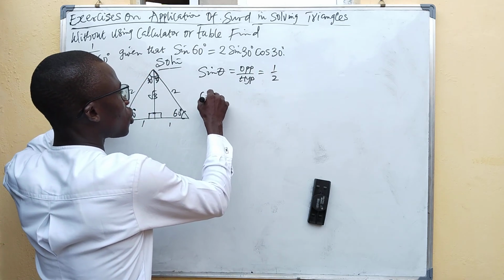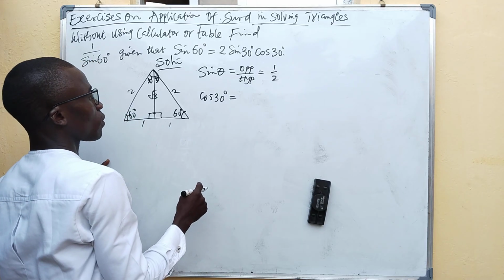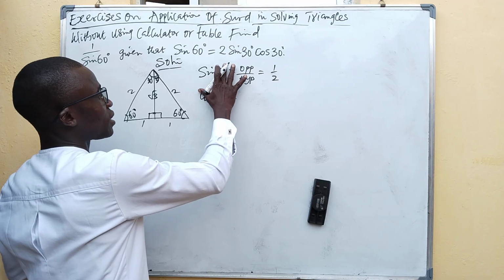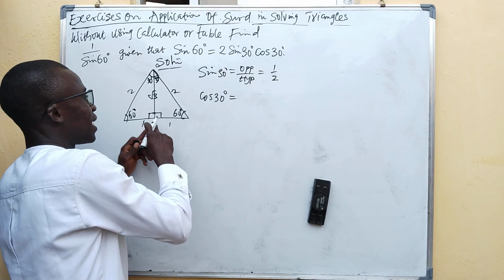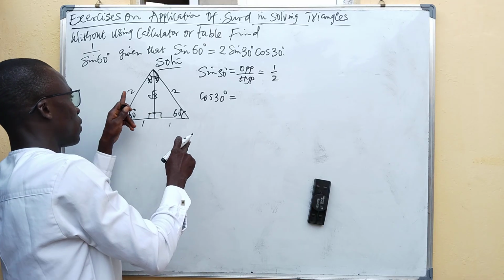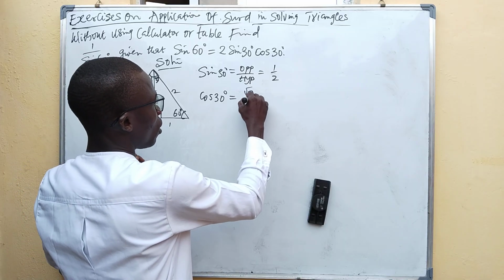What about cos 30 degrees? Cos 30 is adjacent over hypotenuse, which is root 3 over 2.